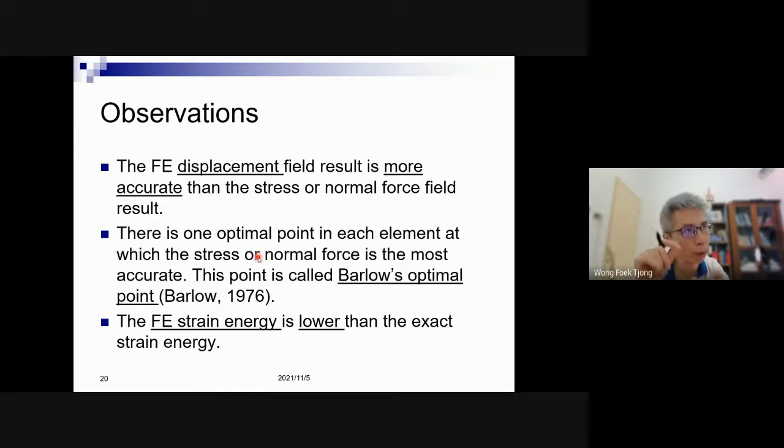There is one point on each element where the stress is most accurate, but normally not at the nodes. At the nodes it is not accurate, but in the interior, the strain energy is lower than the exact one. That's the three facts regarding displacement-based finite elements. Any questions?